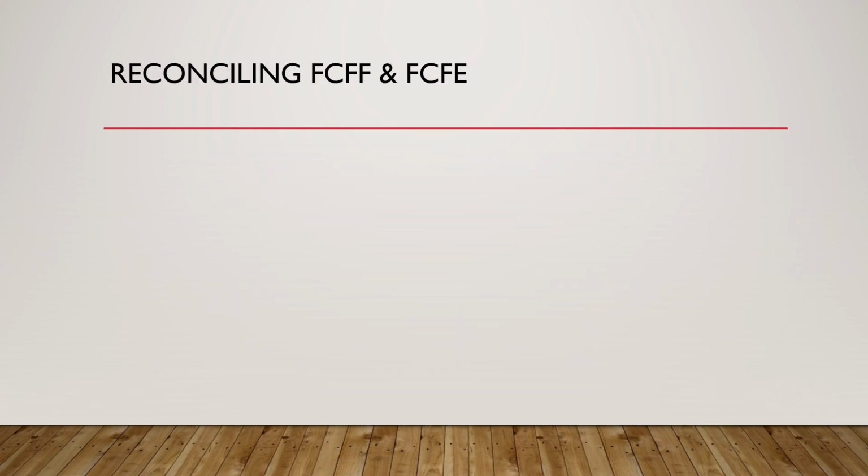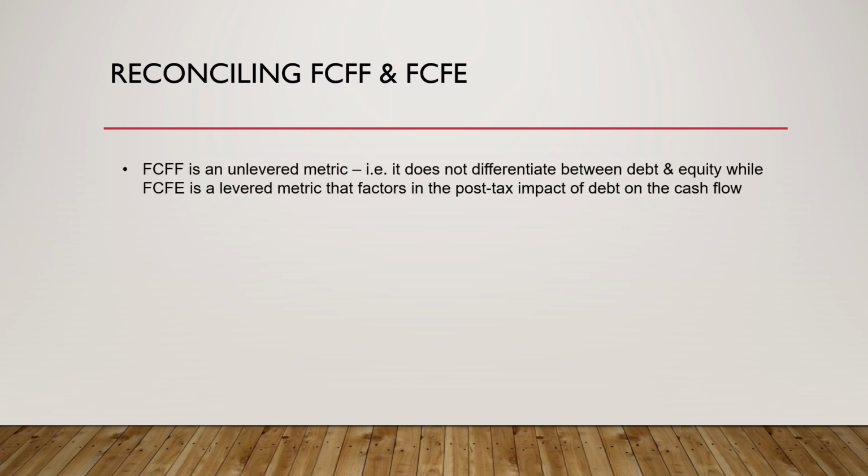Now let's look at how FCFF and FCFE are related to each other and how they're different. FCFF is an unlevered metric. That is, it treats both equity and debt capital equally, and it is gearing neutral. That is, it is not impacted by the mix of debt and equity capital in the capital structure.